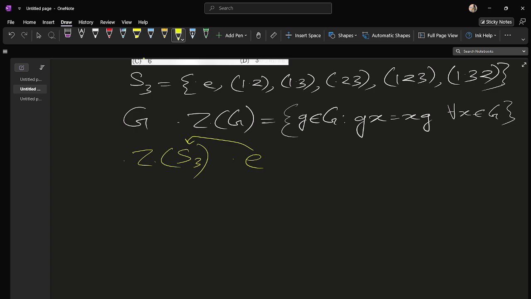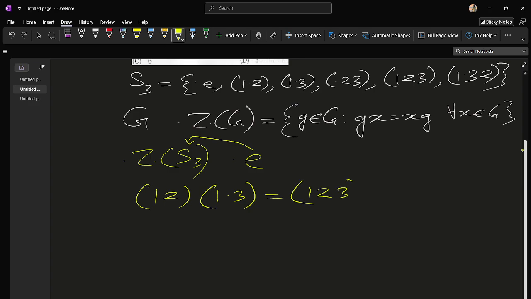And now we are going to see the transpositions, that means our (1 2), (1 3) and (2 3). What are they doing? We can see that (1 2)(1 3) is equal to (1 2 3), and (1 3)(1 2) is equal to (1 3 2).